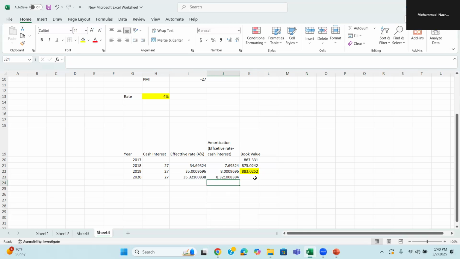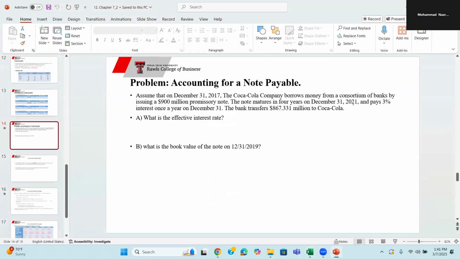So just see what your question asks you to calculate. If your question asks you to calculate the ending value of 2019, you can stop here. But if they ask for 2020, you can stop there. You can even go to 2021, because they have the ending value for 2021.